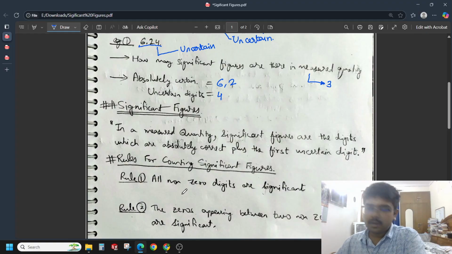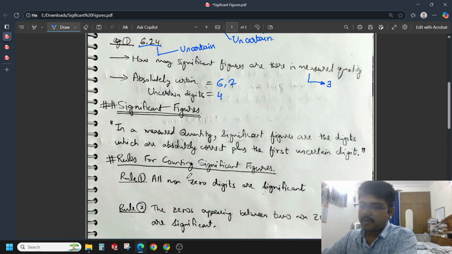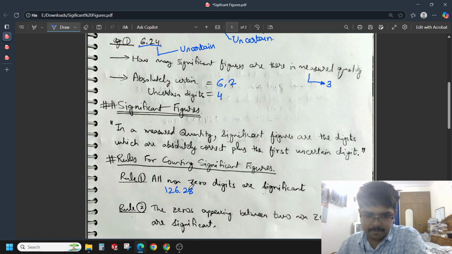For example, we could take 126.28. In this we have 5 significant digits because all are non-zero.